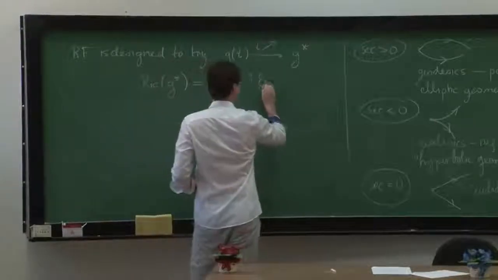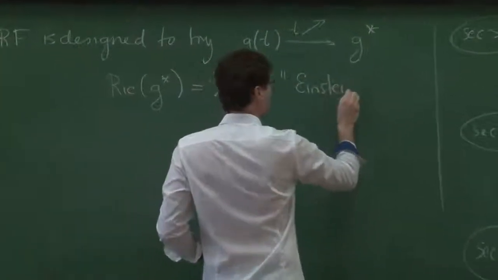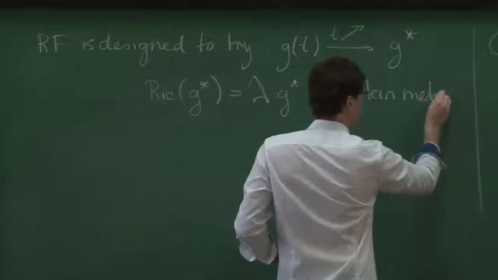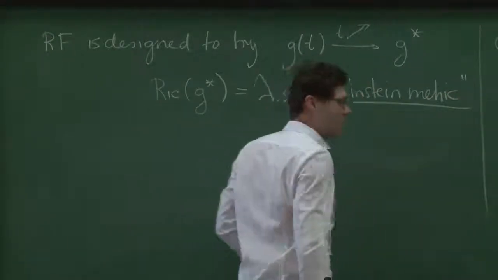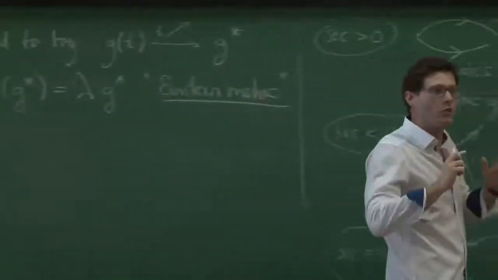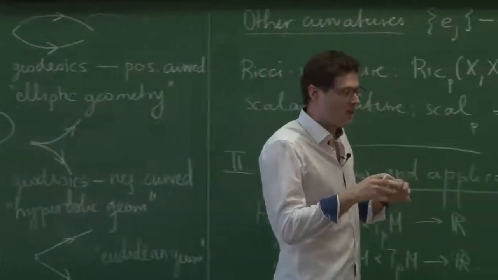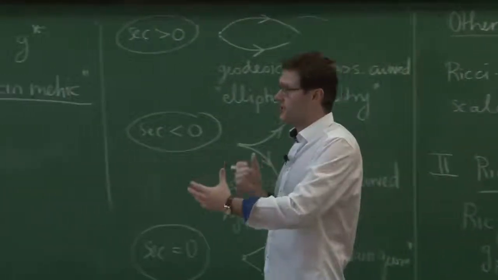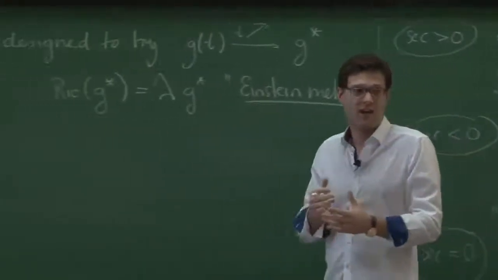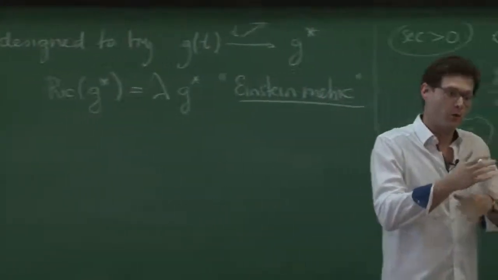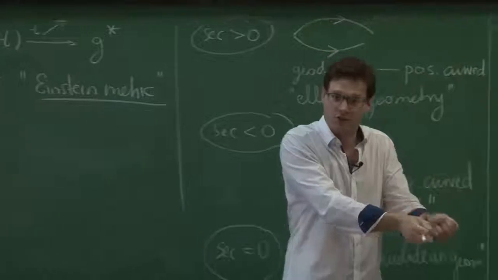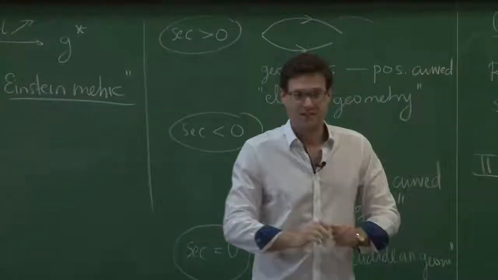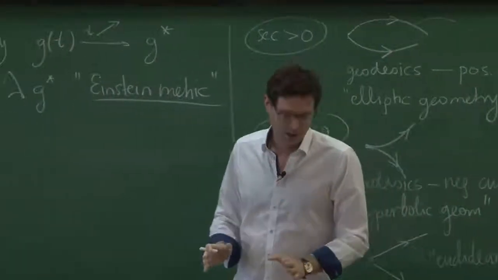So this is an Einstein metric. This is what we would like to have. And basically, mathematicians are looking everywhere for these Einstein metrics, like normal people were looking for Pokemons on the street a couple of years ago. It's the same issue.